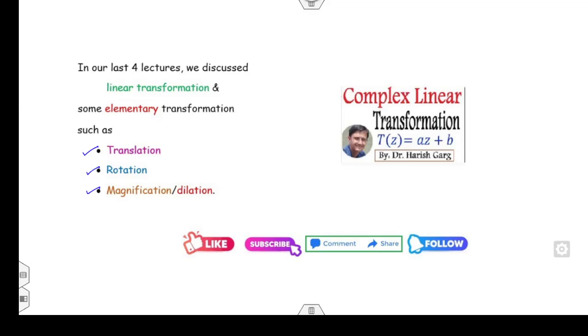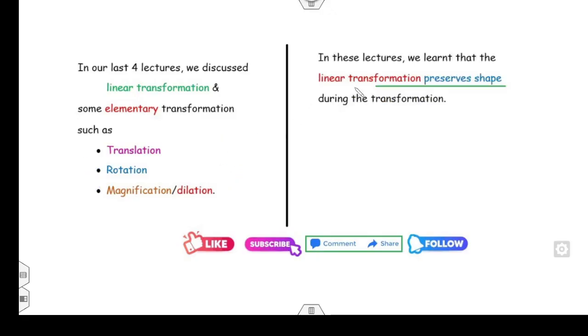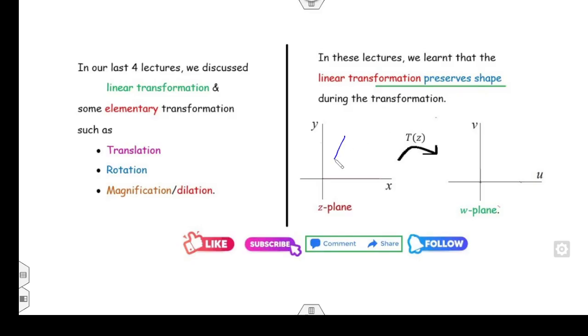Now, what have we learned from these lectures? The very beautiful concept we have learned is that it preserves the shape. What is the meaning of shape? Whenever you have the z plane, under the transformation you have the w plane. The preservation of the shape means if in the xy plane you have a triangle, then in the w plane it is also a triangle.